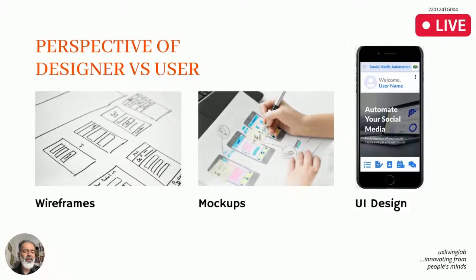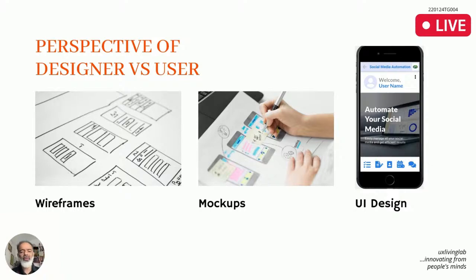In UX research, the perspective of the designer and the user matters. What you are testing in UX research is that you have a UI design, and the user has a concept or knowledge about his requirement. So these are different perspectives. You are providing a solution from the UI designer's point of view.